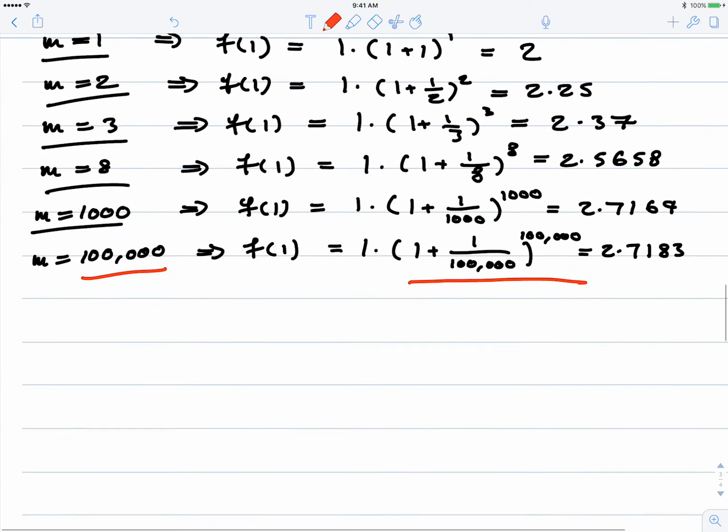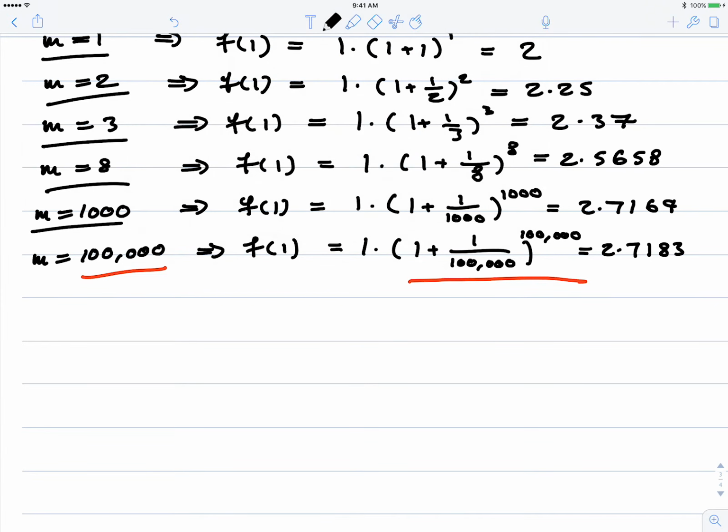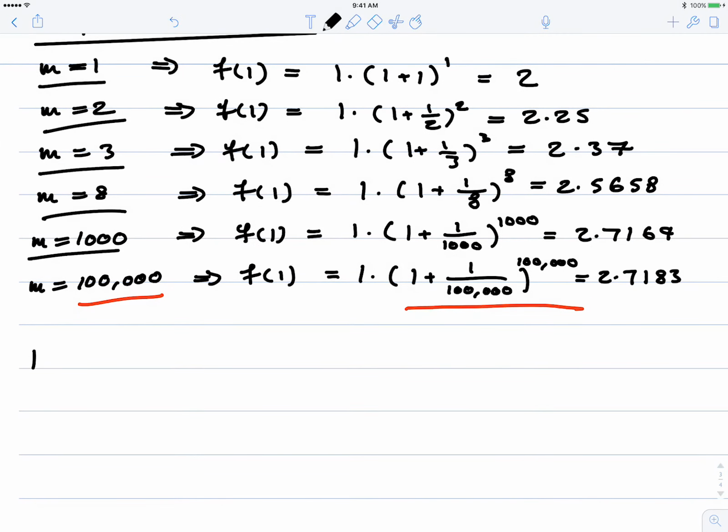So it turns out the following is true. This is a remarkable fact. So this is why it's such an important example. Definition: let's say x is a variable.